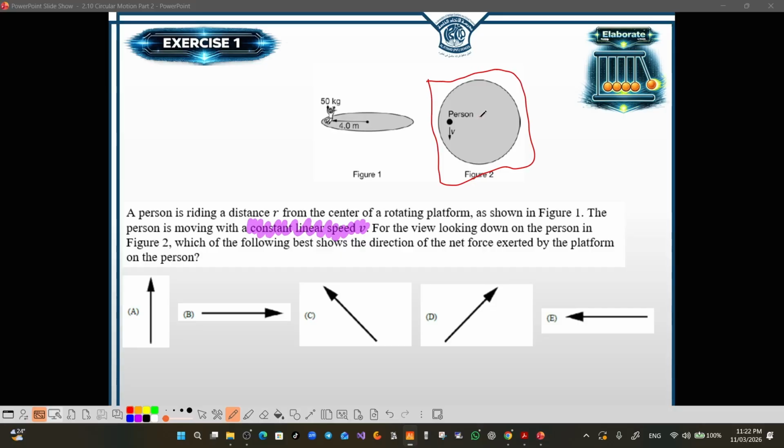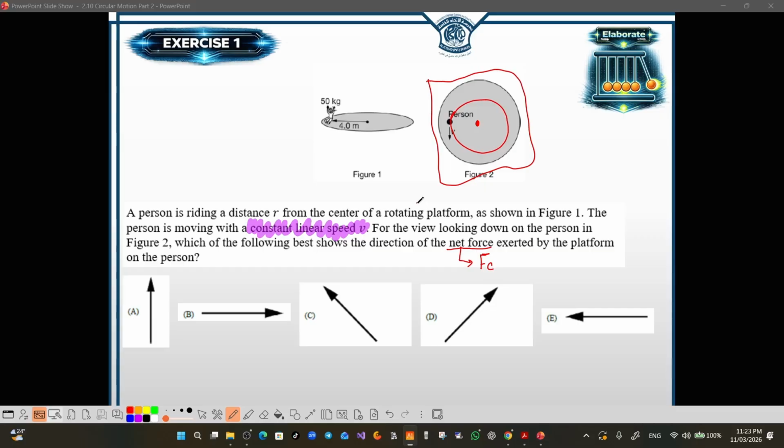Which of the following best shows the direction of the net force? They ask us to find the direction of the net force, and mainly they mean the centripetal force exerted by the platform on the person. Okay, so we have here the person, and the velocity is tangent to the path, because the path here is this one, and the center of this path is indicated exactly here.